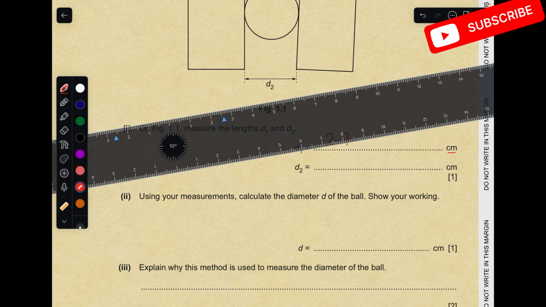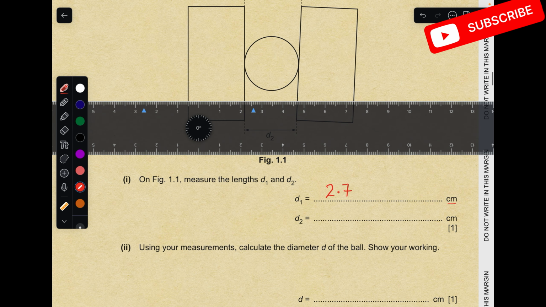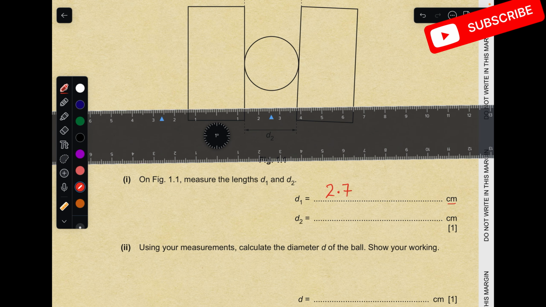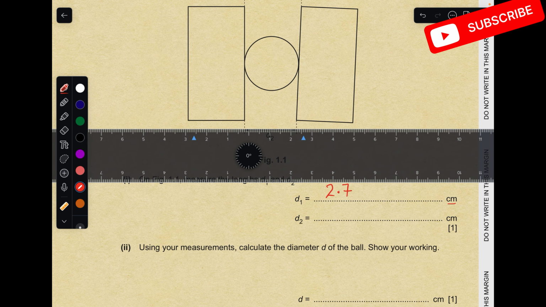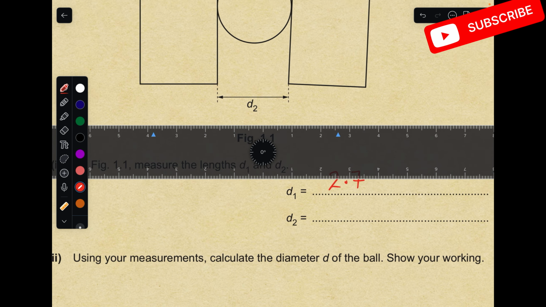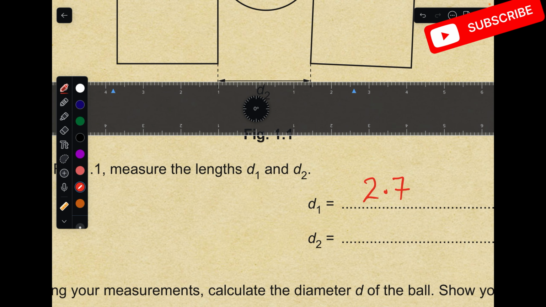You have to place it exactly where they are making the arrows. So zero is on one side. I'm taking the reading from the right side of the scale. So it's 2.1, 2.2, 2.3, 2.4 if you see closely.